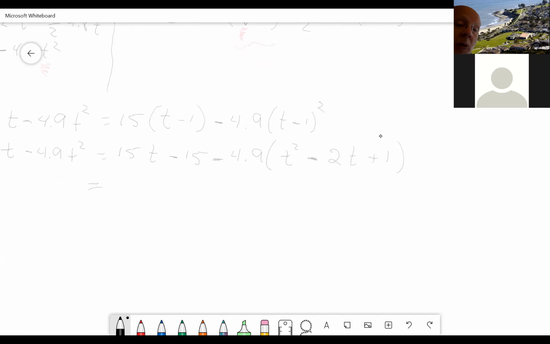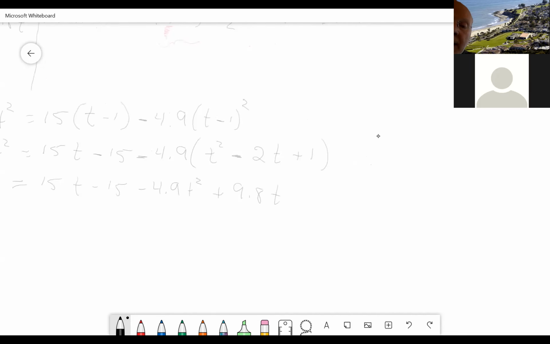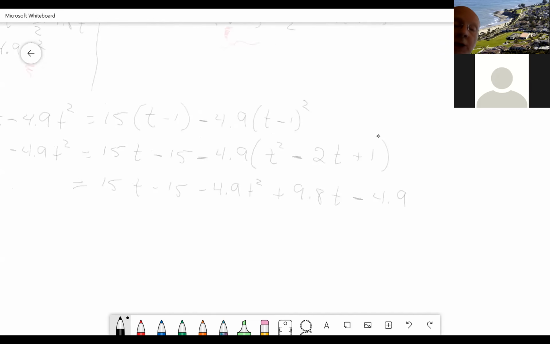So if you let me do one more line, this is 15t minus 15. This would be minus 4.9t squared. This would then be a plus 9.8t. And then this would be a minus 4.9 as I do the distributive property on that one.